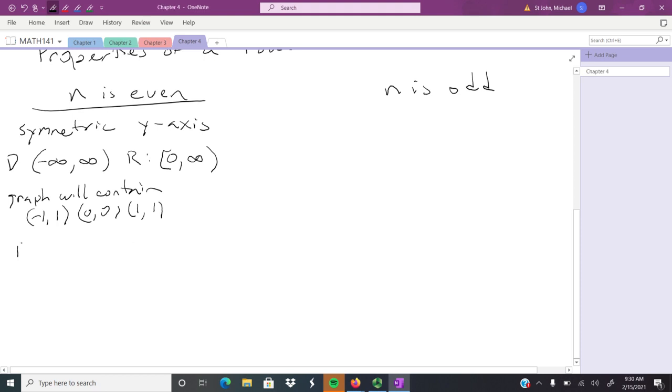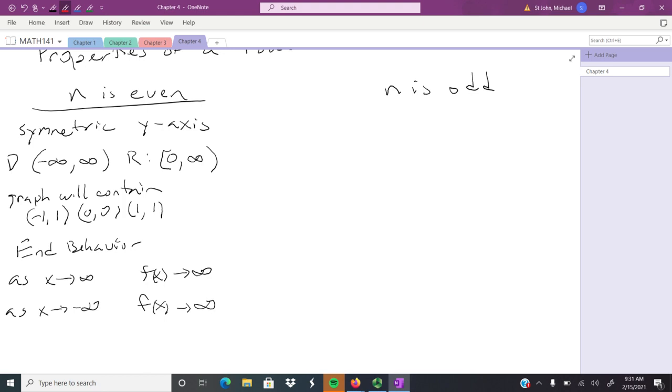And the end behavior: as x goes to infinity, f of x will go to infinity, and as x goes to negative infinity, f of x will go to infinity. Right?